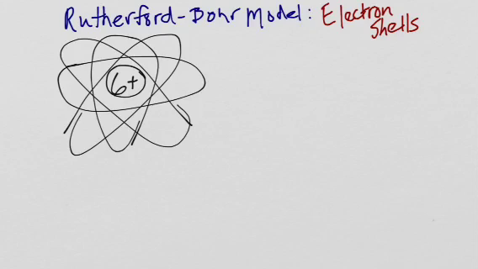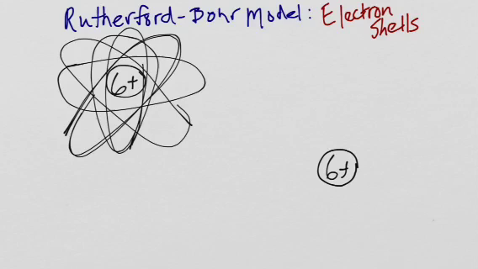There is a pattern. So Bohr improves on this model because he says, okay, I accept your idea of this positive nucleus, but I don't think that we have electrons doing whatever they want. No. I think that every electron within an atom is going to have a specific place.